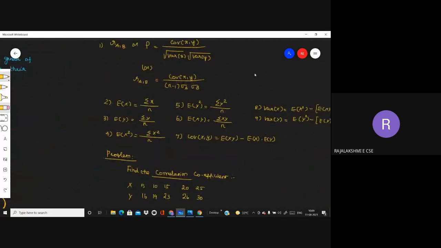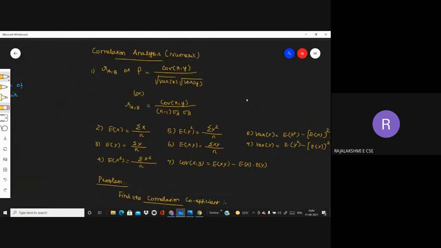அதே மாதிரி எனக்கு நியூமரிக்கா கொடுத்துட்டாங்க அப்படின்னா in those cases how is the correlation analysis done? இங்க பாருங்க, what is the formula? This is known to you. Yes or no? இது உங்களுக்கு ப்ராபபிலிட்டி தியரியில படிச்சிருப்பீங்க தானே? Yes, ma'am. Probability and statistical analysis படிச்சிருப்பீங்க. Rho is nothing but the correlation.